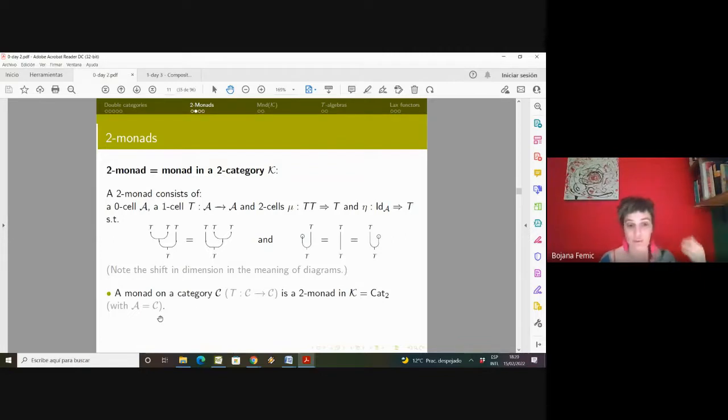Well, I take the category C for this zero cell. And then T as one cell is a functor. Well, yes, indeed, it is a functor as an ordinary monad. And being an ordinary monad, I have two natural transformations, mu and eta, which indeed are two cells in this two category, and the axioms are the same. So you see how this works. You see that this definition of a two-categorical monad is really a natural two-categorification of an ordinary monad.